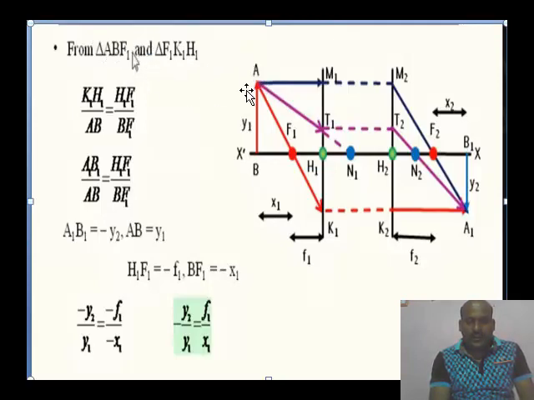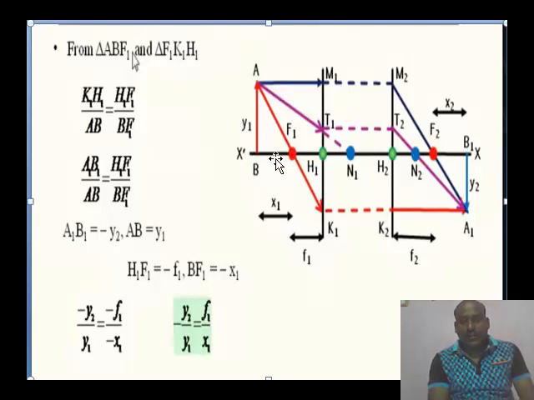So triangle ABF1 and another triangle, triangle AF1K1H1, F1K1H1, they are similar triangles. Automatically, we all know about trigonometry, similar triangles.